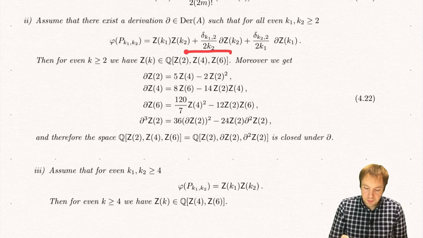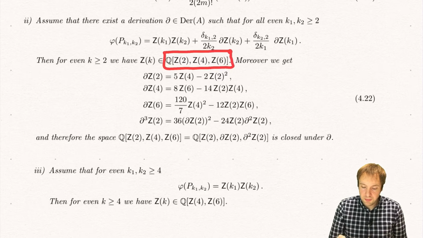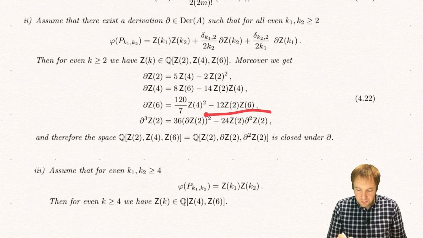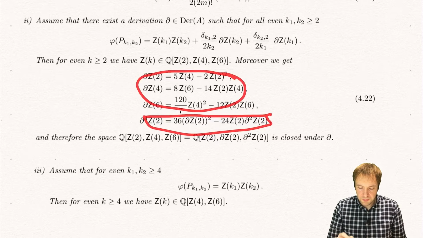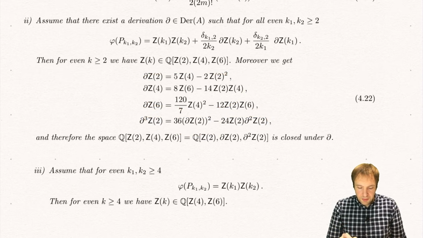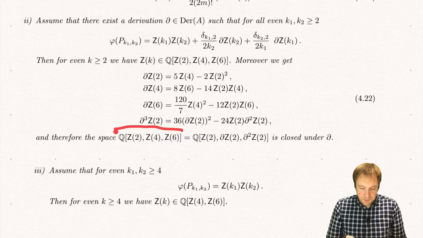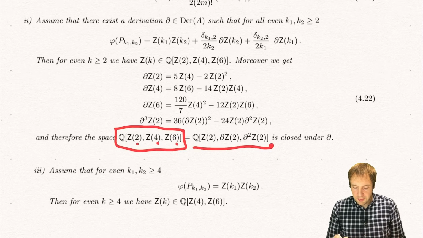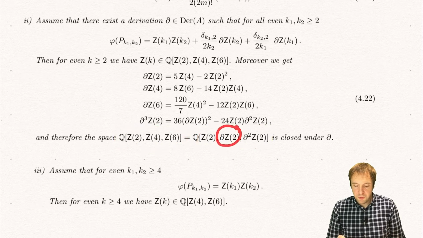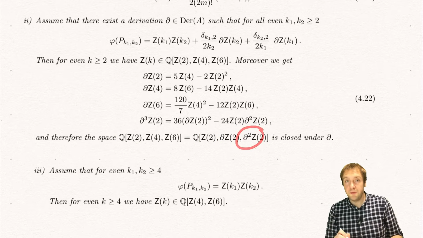So in other words, this polynomial ring is closed under this derivation. And also we have a differential equation for this z_2, but this part basically follows from these three. Therefore, in other words, this polynomial ring z_2, z_4, z_6 is the same as this, where we can also choose z_2, the first derivative, and the second derivative of z_2.